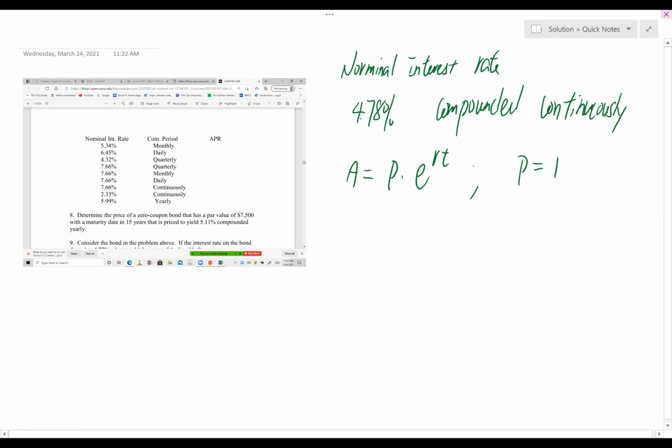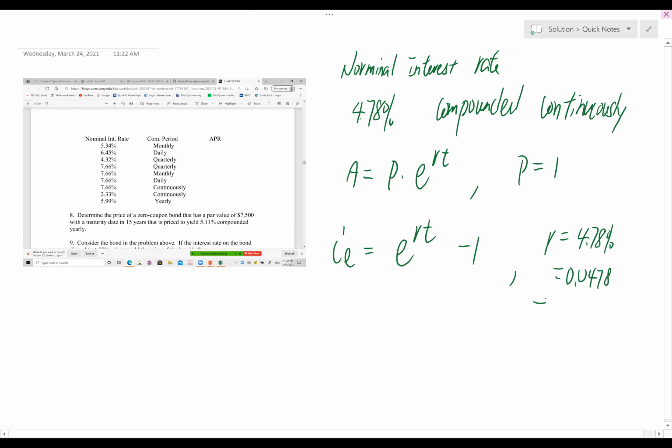So the formula to calculate the effective interest rate under continuous compounding should be i_e equals e to the RT minus 1. And here, R is 4.78%, that means 0.0478.